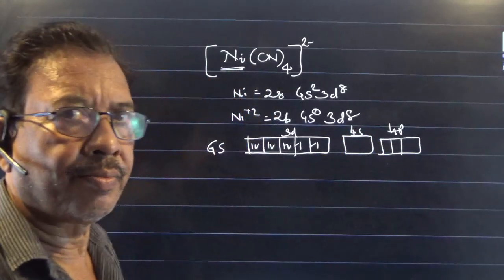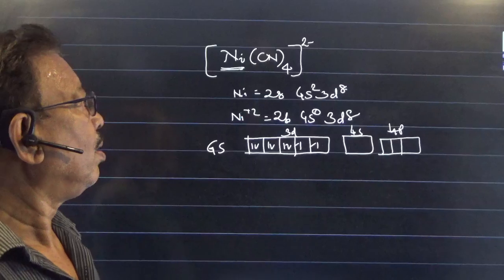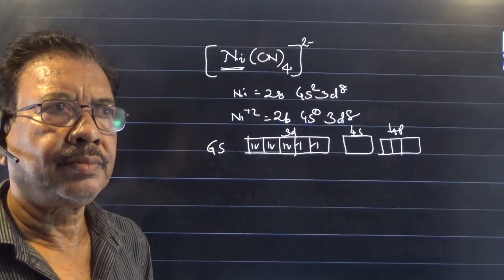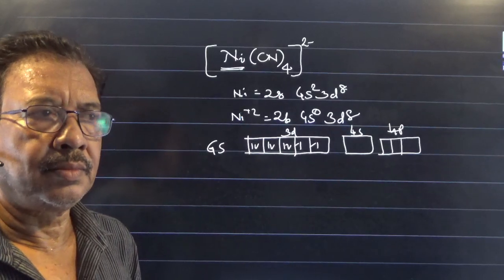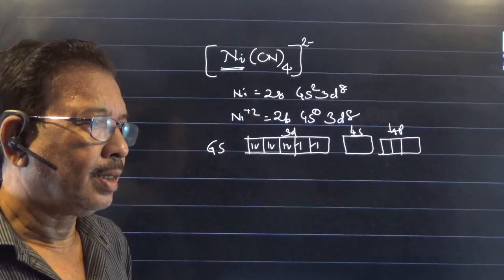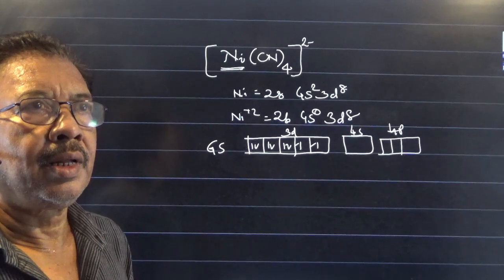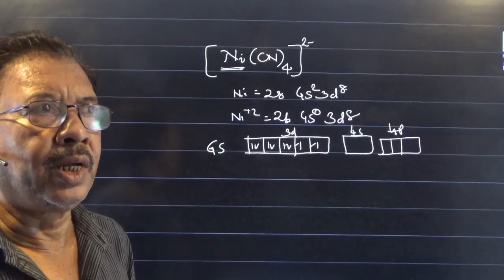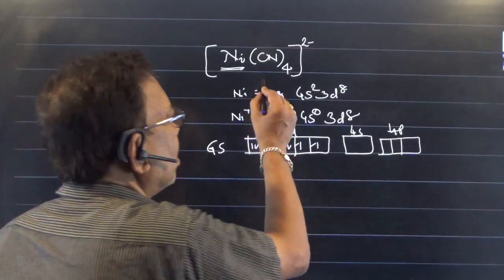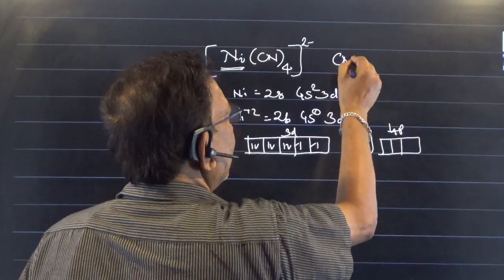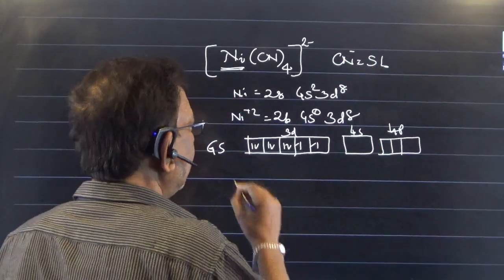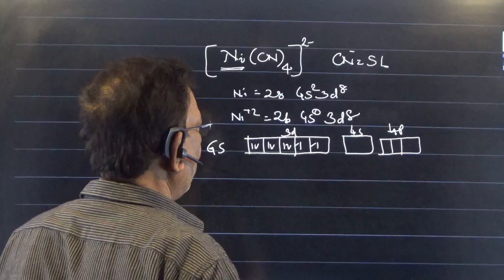So whenever, is cyanide a stronger ligand or weaker ligand? Cyanide is a stronger ligand. Remember, cyanide is a stronger ligand, the same way as NH3 in Ni(NH3)4.